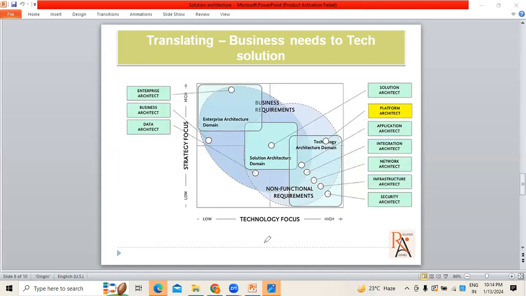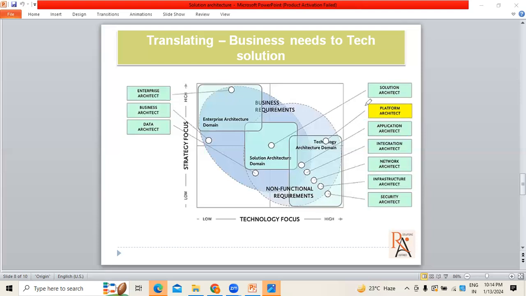Now, when it comes to the business requirements point of view, as I stated earlier, this business enterprise architecture domain is where generally we have to be focused. When you want to develop the solution for the project, as far as the non-functional requirements are concerned, this is where we need to understand the platform, because what kind of platform are we going to develop for an application?